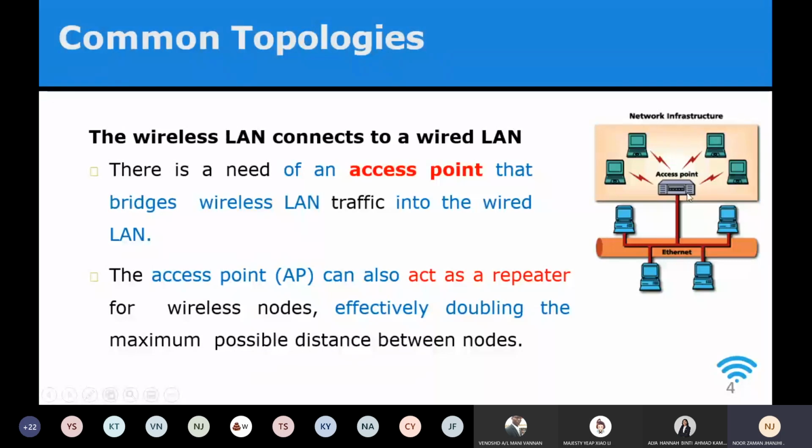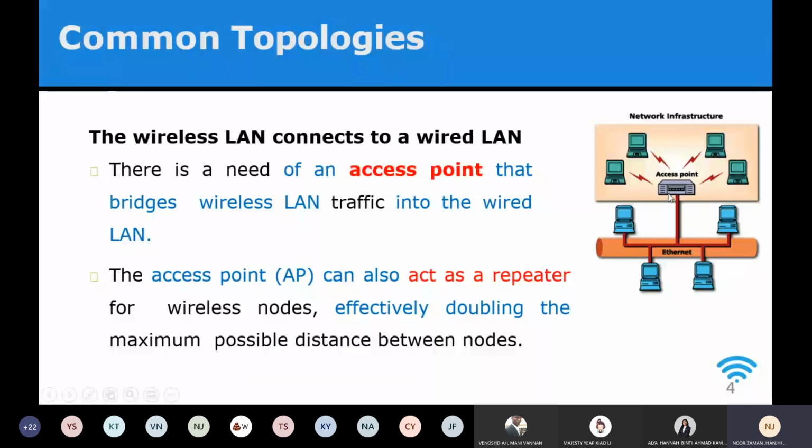This is the access point, which we normally call the AP, and it is being used as a repeater. I hope you understand the concept of the repeater as well. The repeater doubles the maximum possible distance between them, and it also distributes the signals among the different nodes.